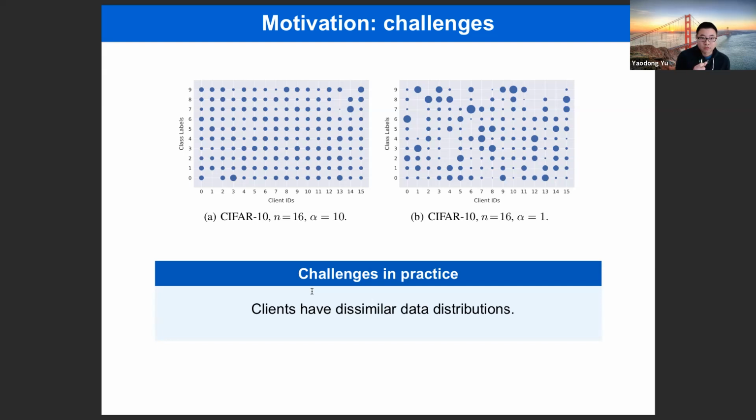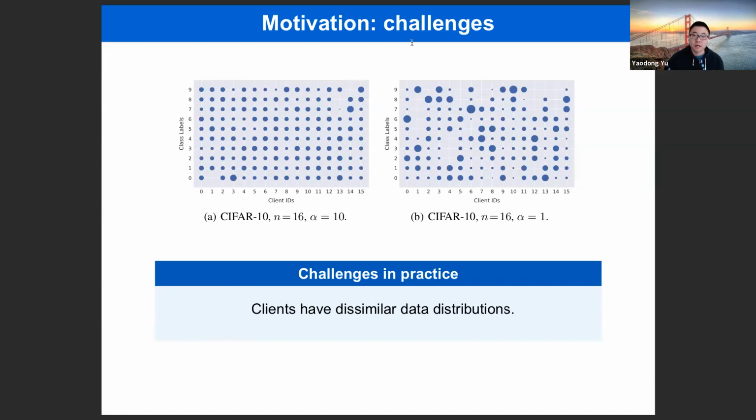The size of the circle for each grid represents the ratio of the number of data points from that class divided by the overall samples for that client. We can see that on the left-hand side, almost every client has samples from all the classes.